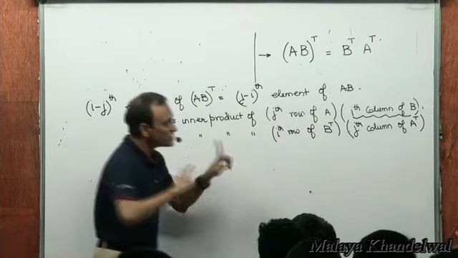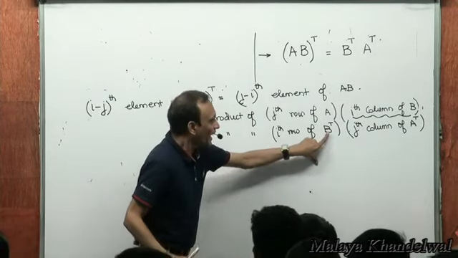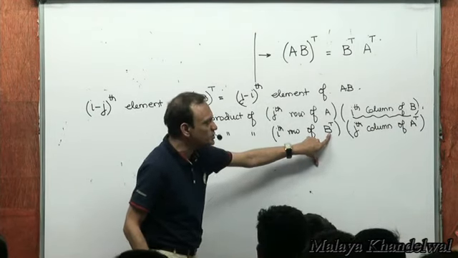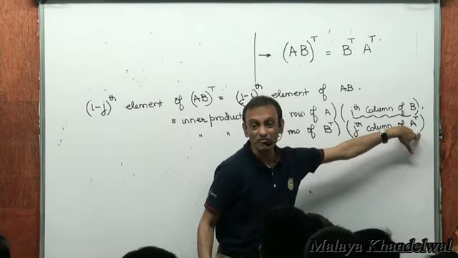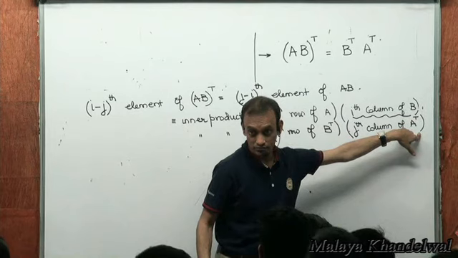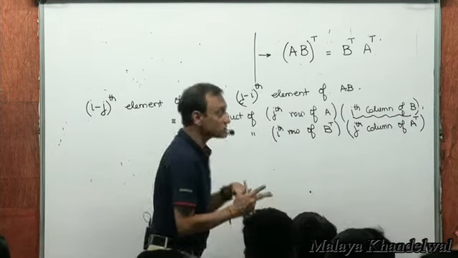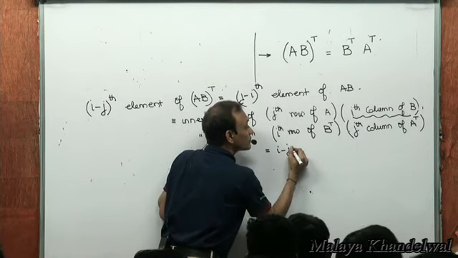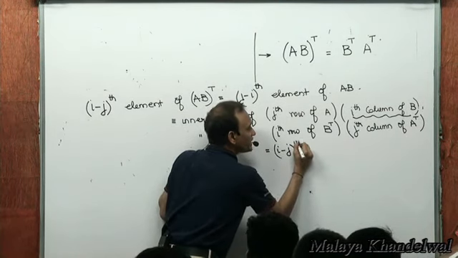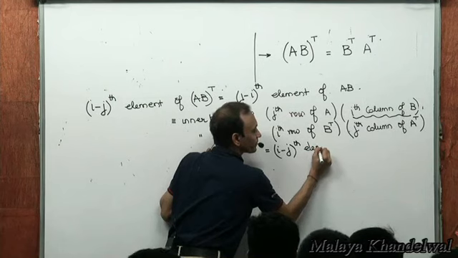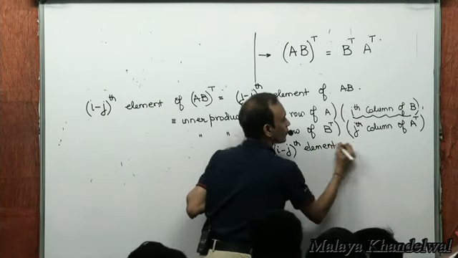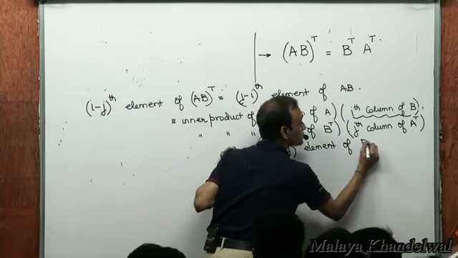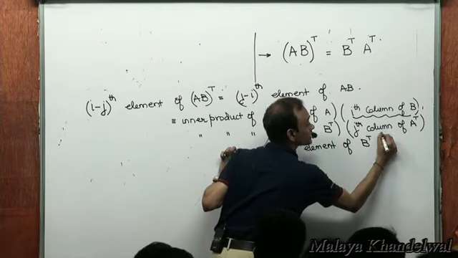So essentially in this inner product, I'm taking the ith row of B transpose and the jth column of A transpose. Yes or no? Which is the ijth element of B transpose into A transpose, isn't it?